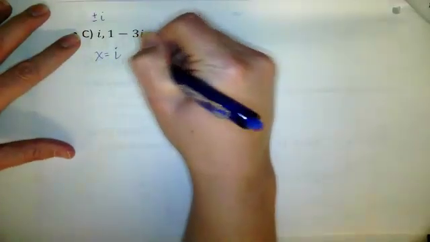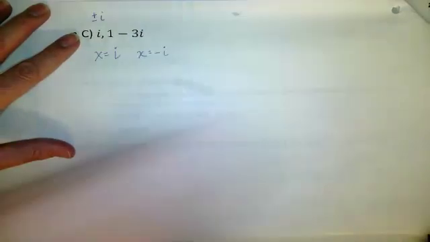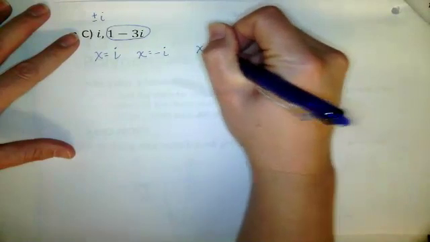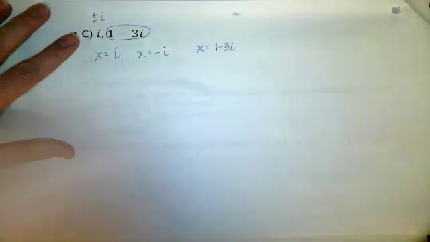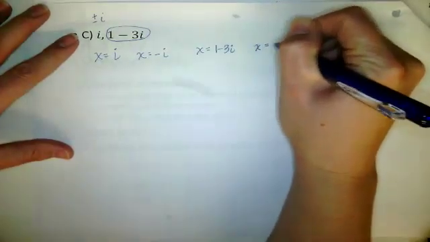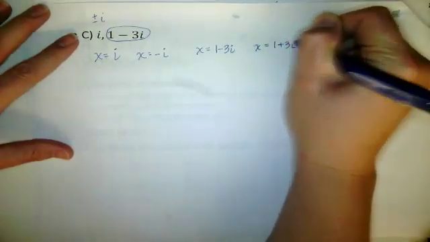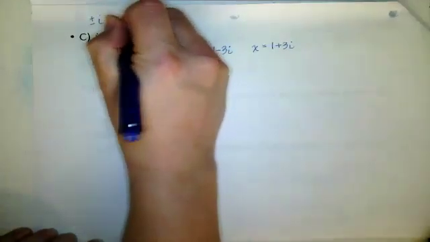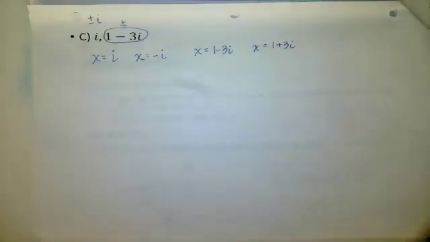So there's also x equals negative i. Then I also have this solution, x equals 1 minus 3i. Is that the only one? No. What else do you have? 1 plus 3i. Remember, they always come in conjugate pairs, plus or minus in front of that i term.